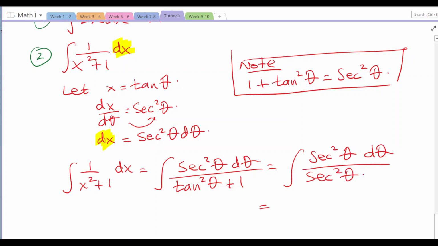Therefore this simply becomes integral of 1 d theta.